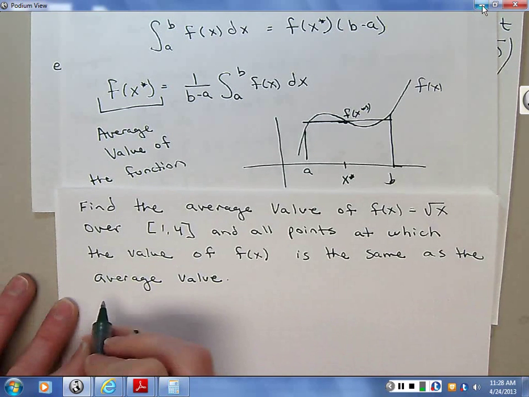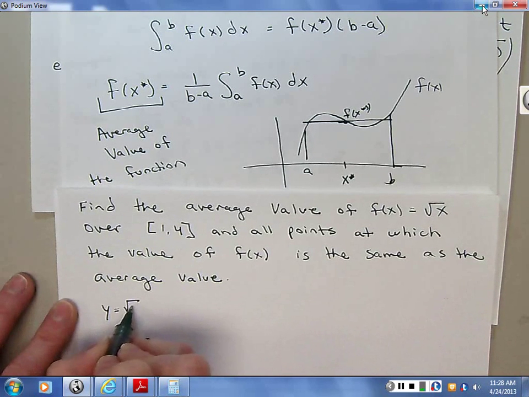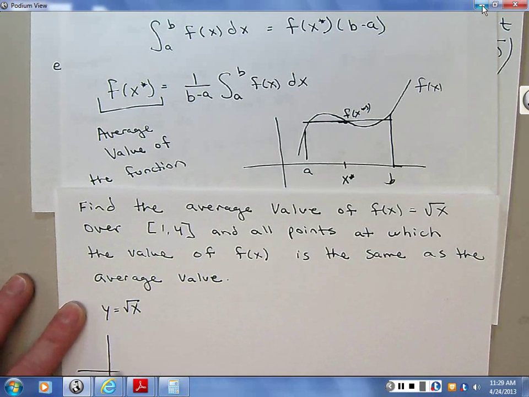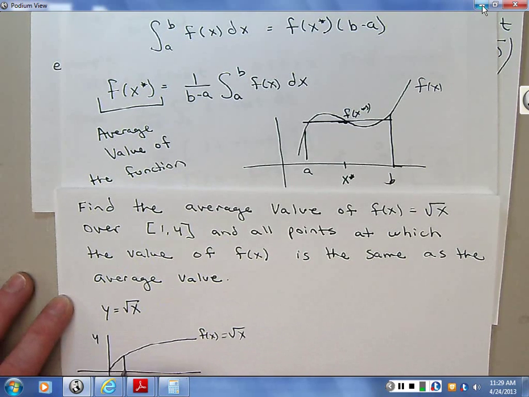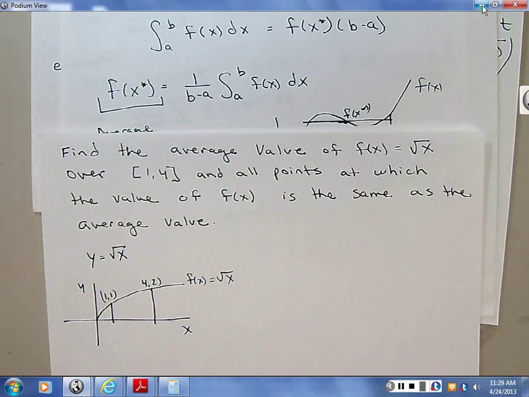So if I look at graphing y equals the square root of x, I have this function. I'm going from 1, 1 to 4, 2, right? I want to find the average value of this function in this interval.